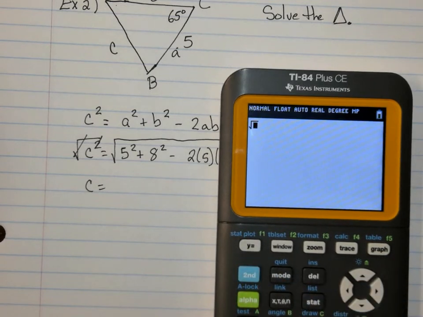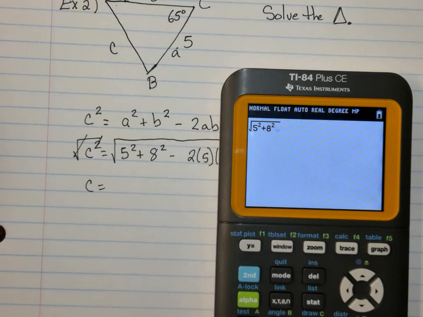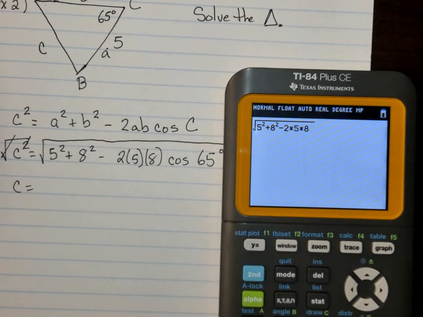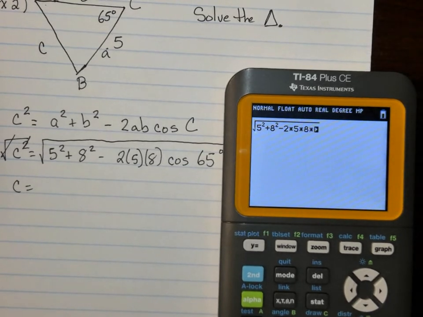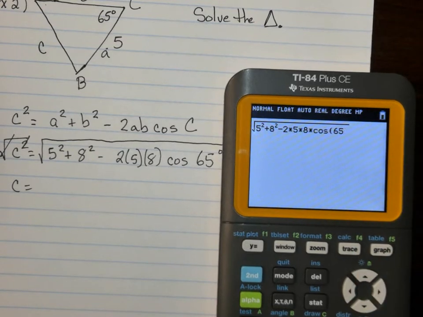So we've got 5 squared plus 8 squared. Calculator's just extending the square root sign, which is good. Minus 2 times 5 times 8 times the cosine of 65. We're in degrees, check. Close your parentheses for your ending of cosine.